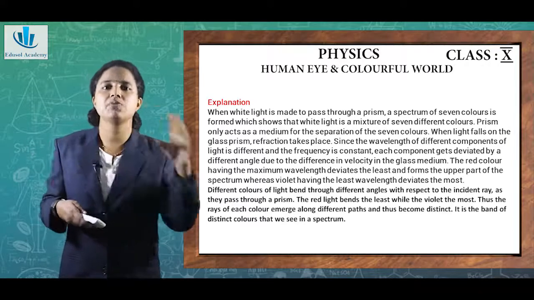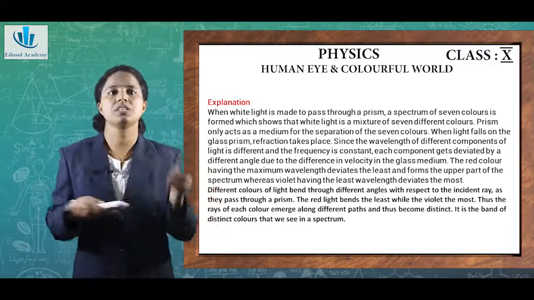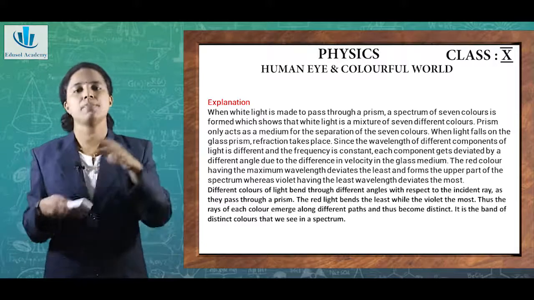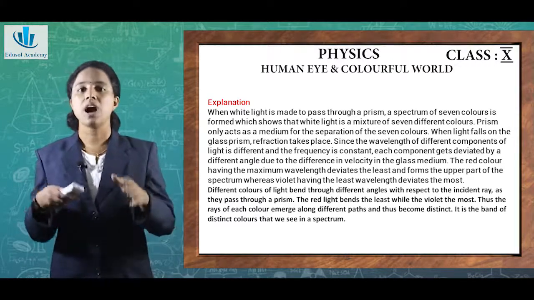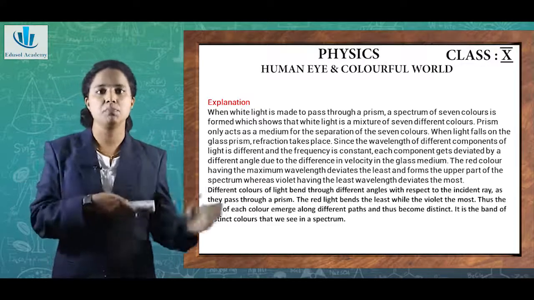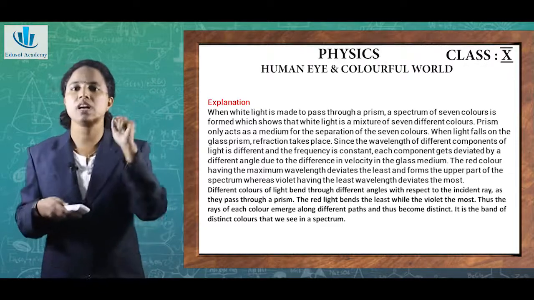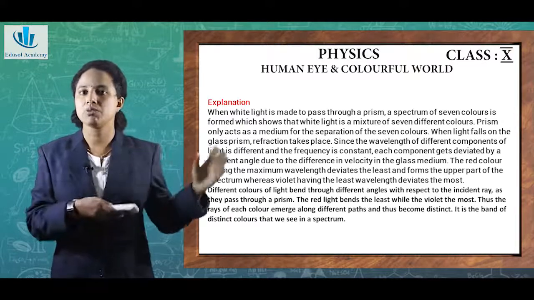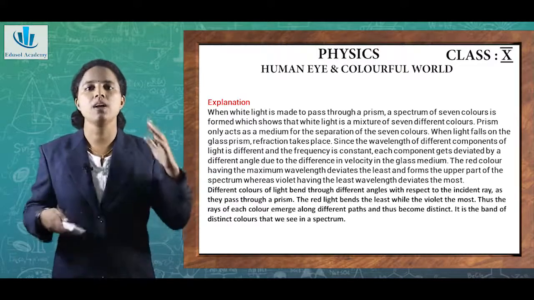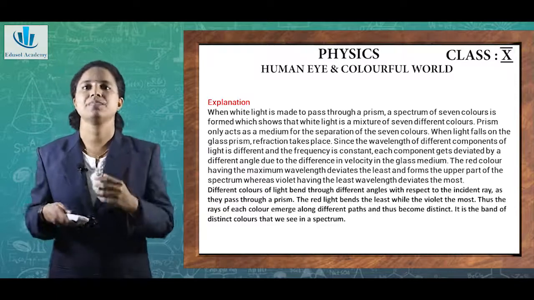So the different colors of light bend through different angles with respect to the incident ray as they pass through a prism. The red light bends the least while the violet bends the most. So the rays of each color emerge along different paths and become distinct, and this gives rise to a spectrum or a band of 7 colors.